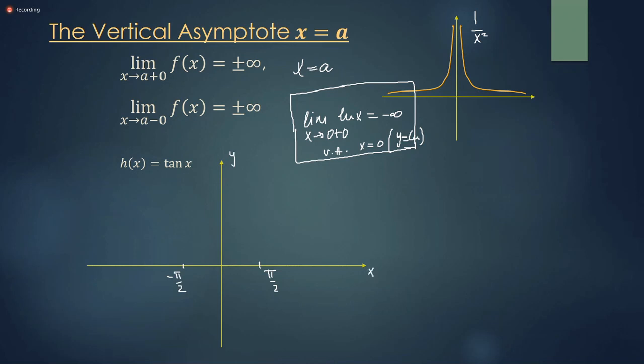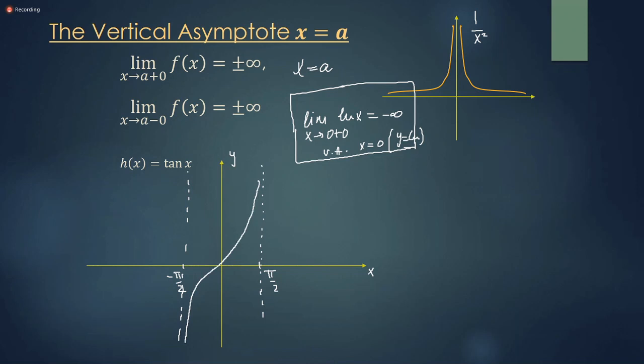Remember, previously that was the arctangent; now this is the tangent function. We know very well what the tangent graph looks like. Well, I do hope that you know very well what the tangent graph looks like. Of course, the tangent graph looks like this.